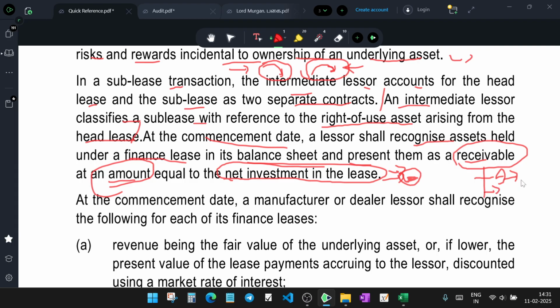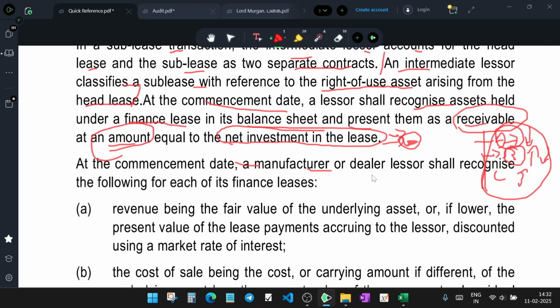The asset has been sold, so this investment should be shown as a receivable from this party every month. The asset will decrease substantially, the receivable will increase substantially, and then it will decrease when the cash is received. So these are the three things that need to be considered.